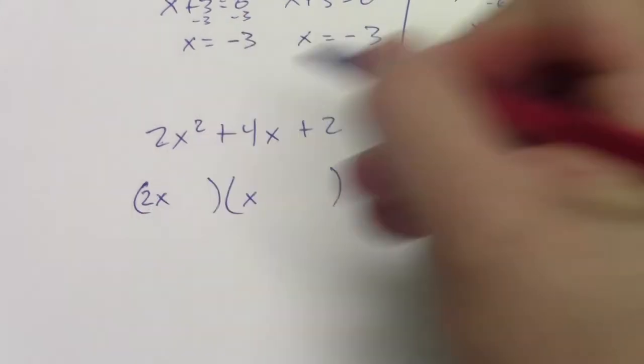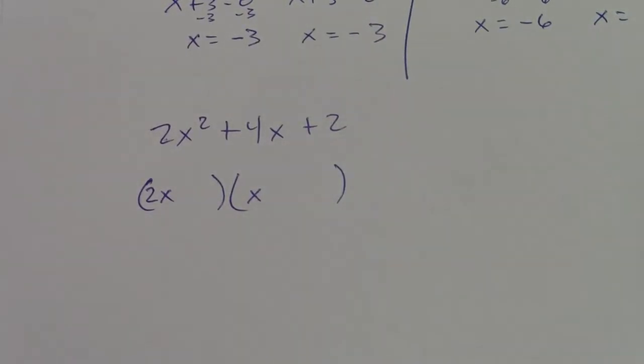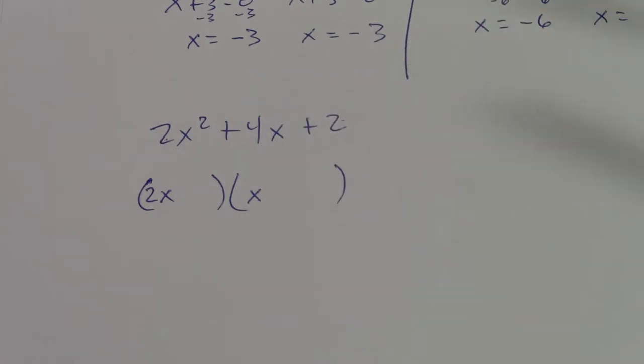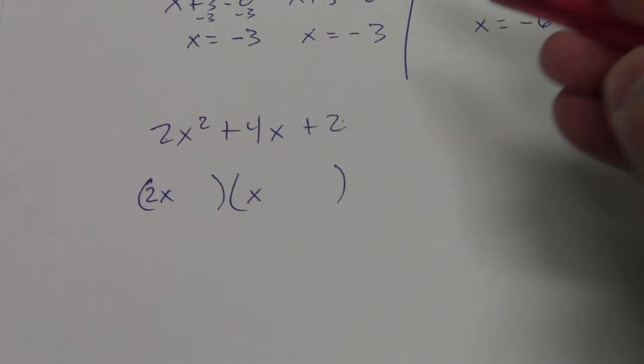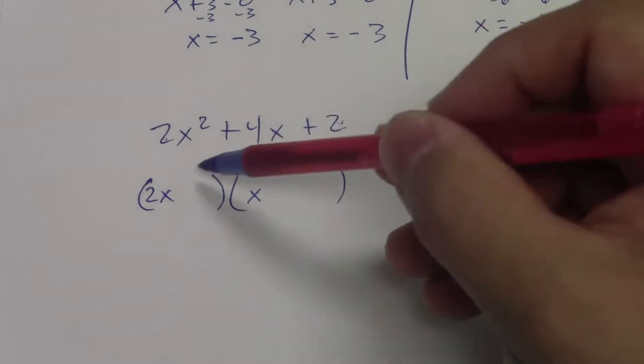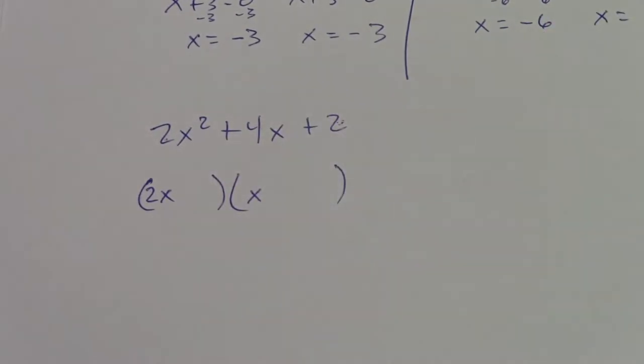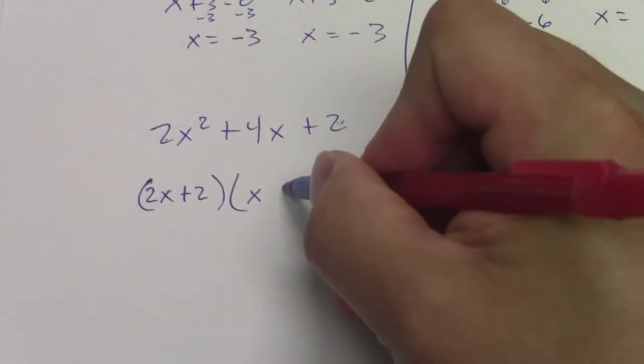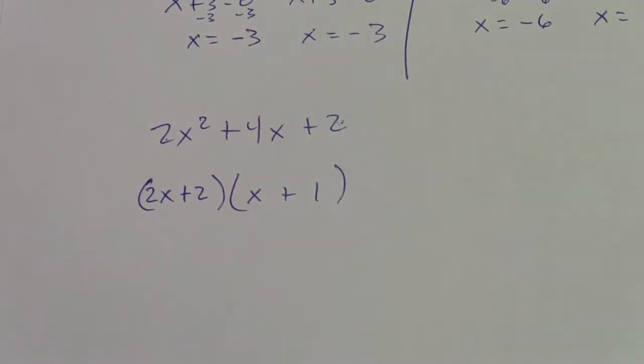So I'm going to make one of these a 2x. And then to get the 2, it's a number times a number, right, to get to 2. So I know it's probably going to be a 2 and a 1, so I just have to make sure that I get a 4 on one side. So I'm going to try a positive 2 and a 1. And that should work. All right.